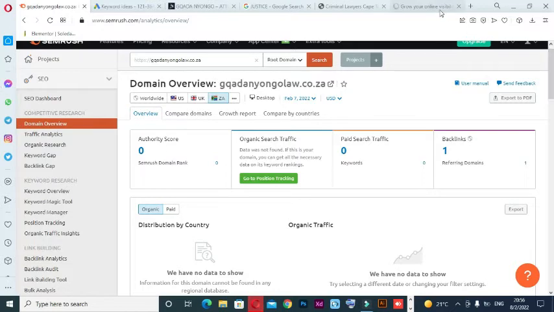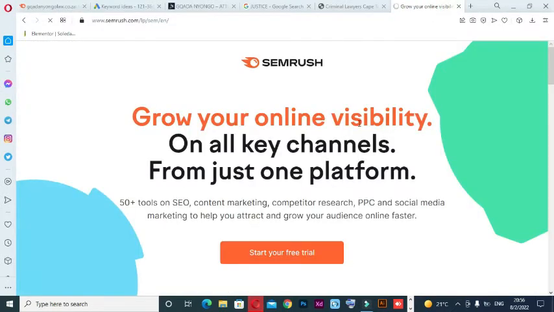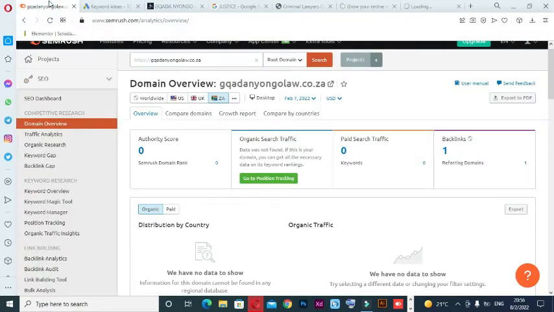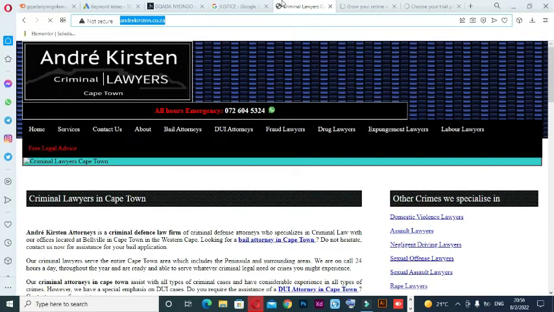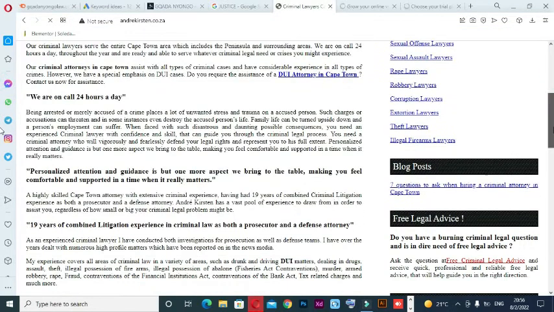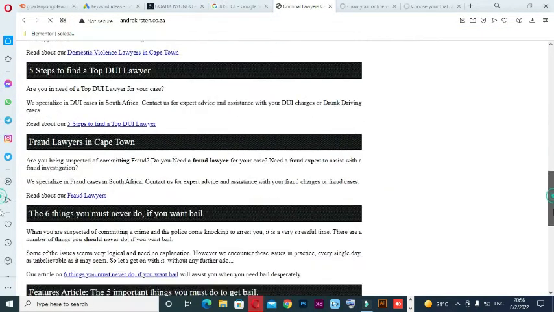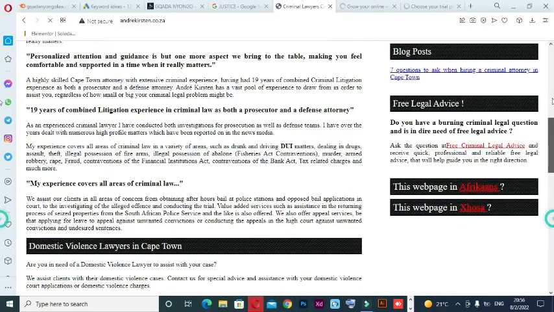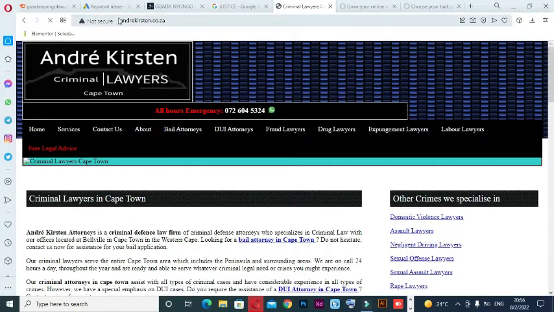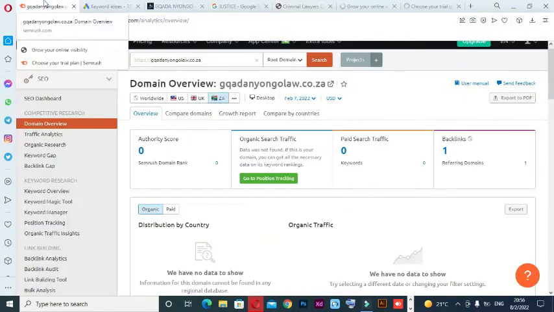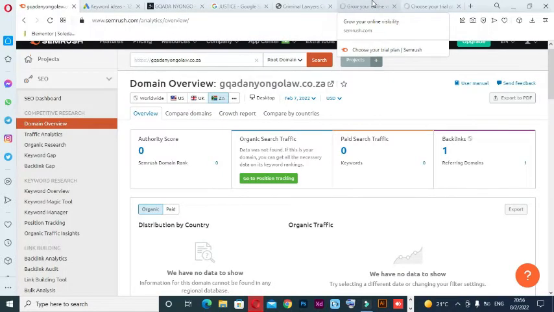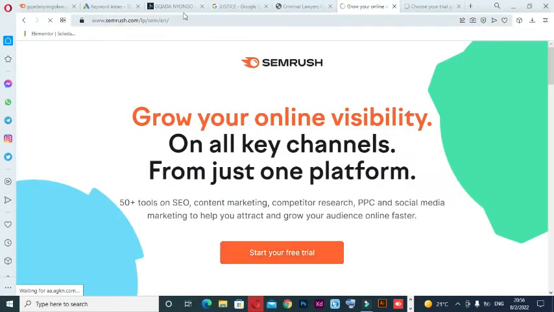So you would want your website to have a better authority score. So I wanna compare their authority score against the best ranked website, so that you really see why their website doesn't pop when you search for lawyers near me.